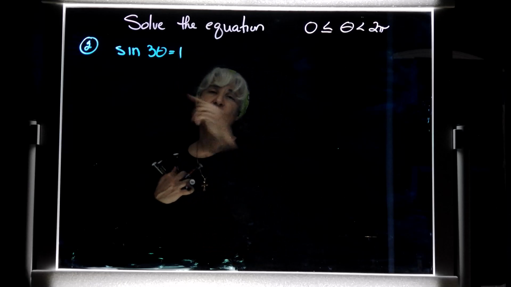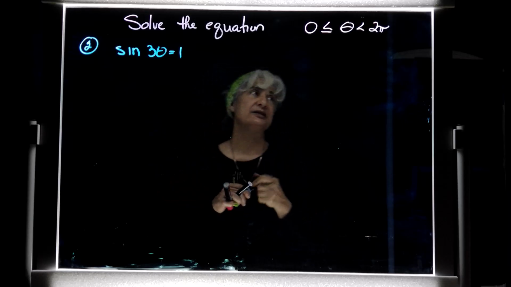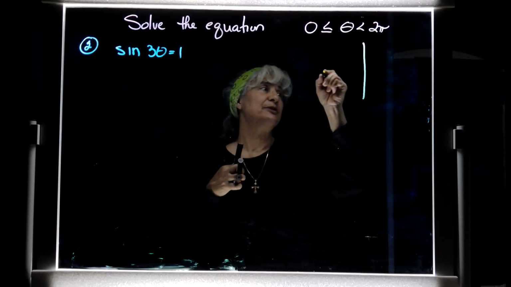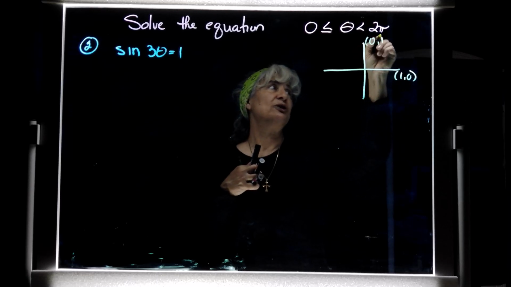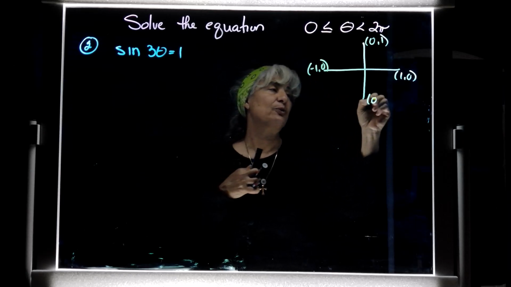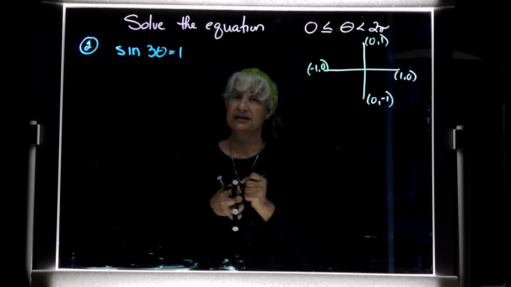Anytime I see an answer of 1s or 0s, my brain's always going to go immediately to that unit circle. And that unit circle has a bunch of 1s and 0s on it. Because remember, when you look at the coordinates, the points at each location, there are a bunch of 1s and 0s.